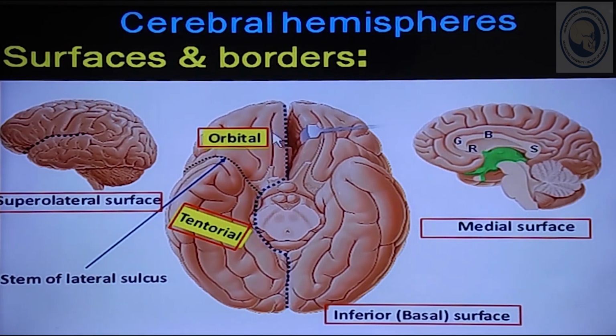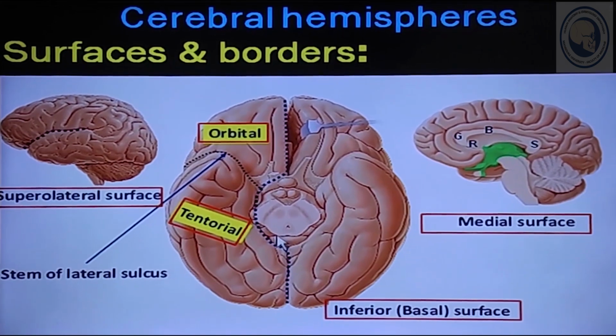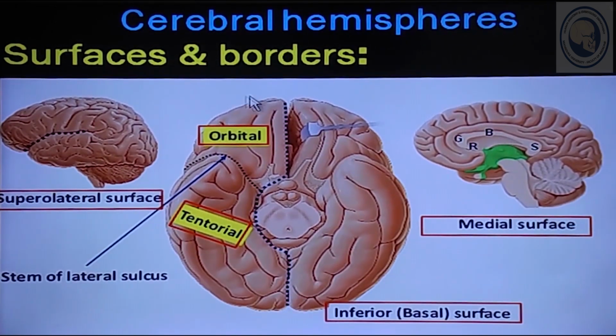We have the medial border, and also that one, which is the lateral border. So these three borders divide the cerebral hemisphere into three surfaces. This will be the lateral surface between the superior and the lateral border. This will be the inferior surface between the medial and lateral borders. And this is the medial surface between both the superior and medial borders.